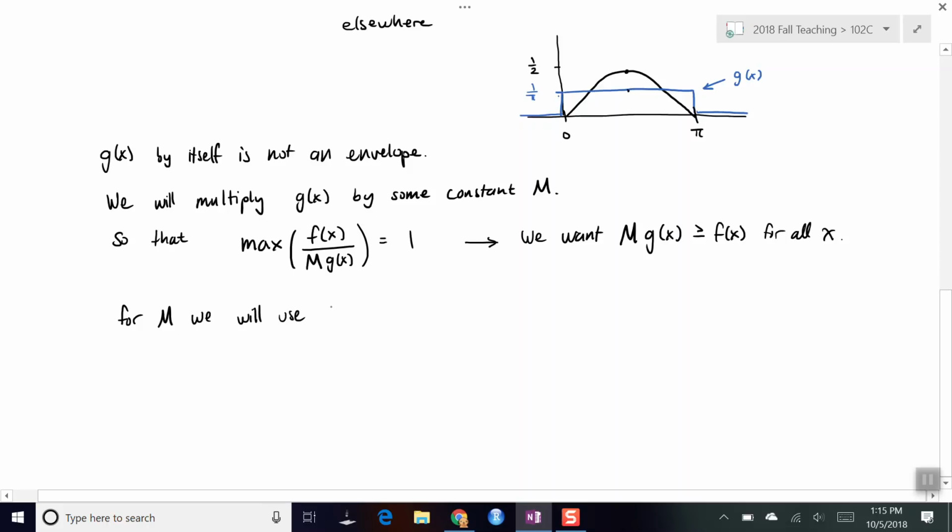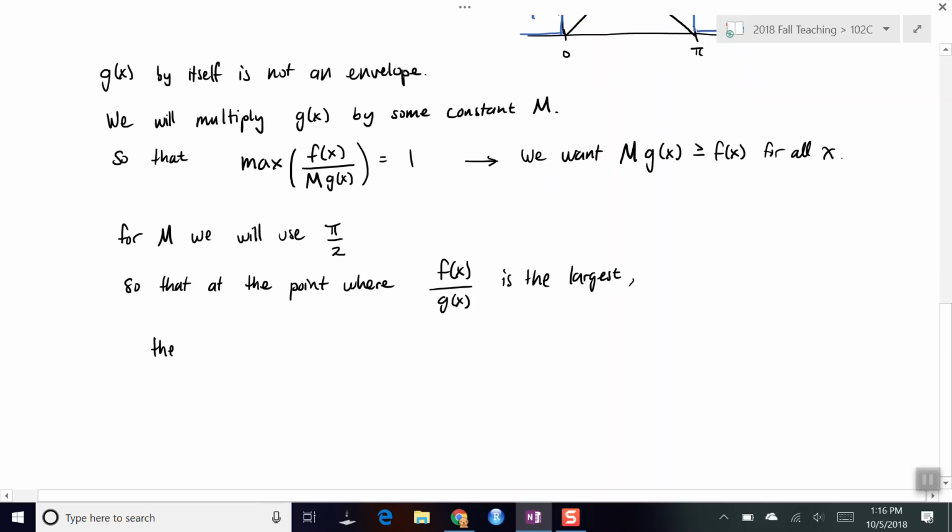And so for m, we will use pi over 2, okay? So that at a point where f of x divided by g of x is the largest, the ratio between f of x and m times g of x will equal 1, right?